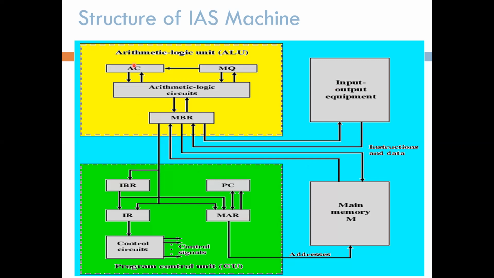Now, you see there's another one here called AC, that's the accumulator. This is usually found in all processors, and programmers do have access to it, and it just stores the results of whatever operation. So it's a temporary store of operands and results in the ALU.